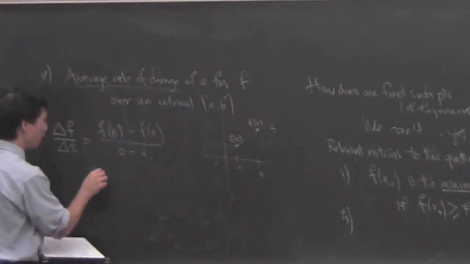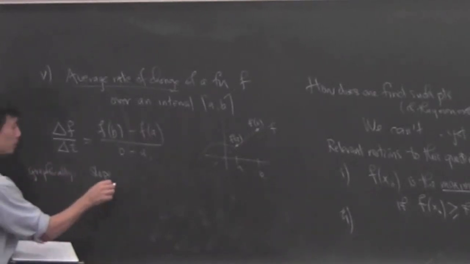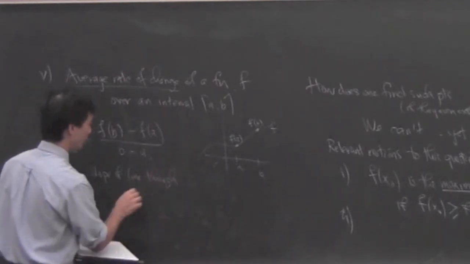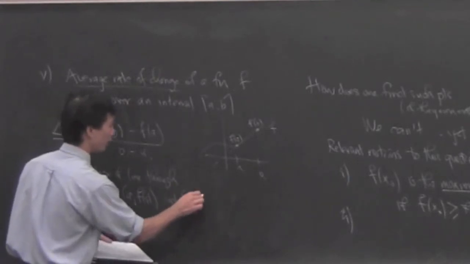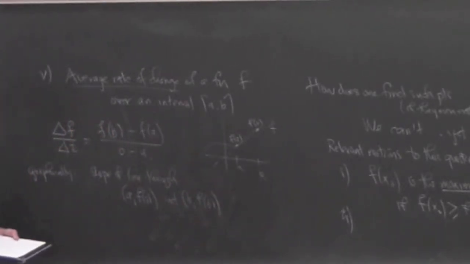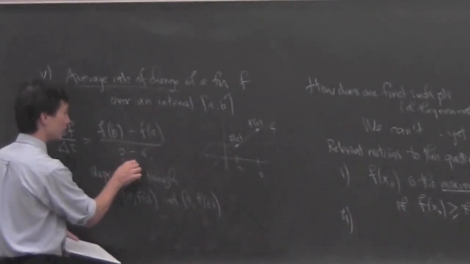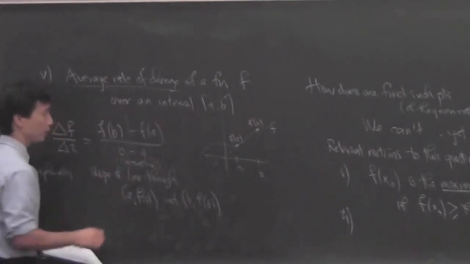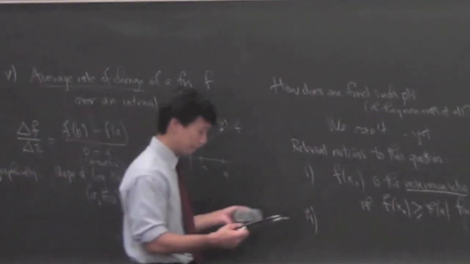So graphically, it's the slope of the line through a, f of a and b, f of b. This sort of line is often called a secant line. That's not quite right, but it's close enough for now.